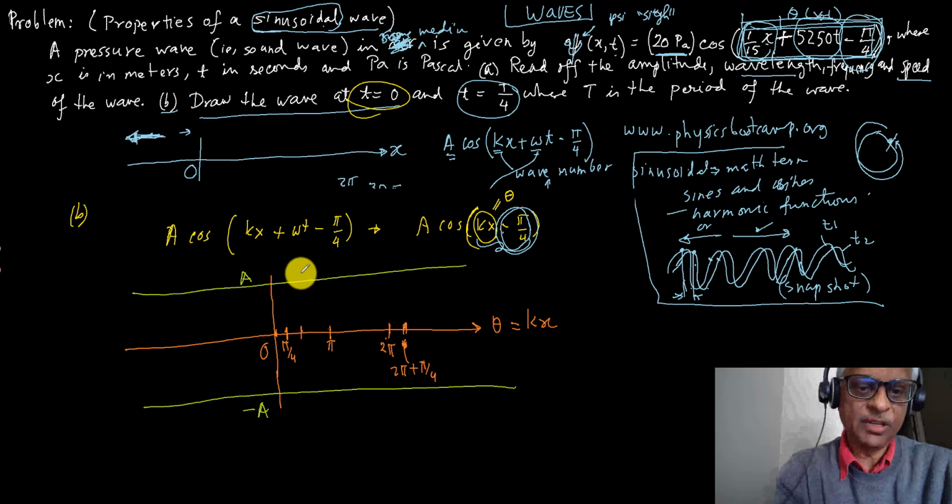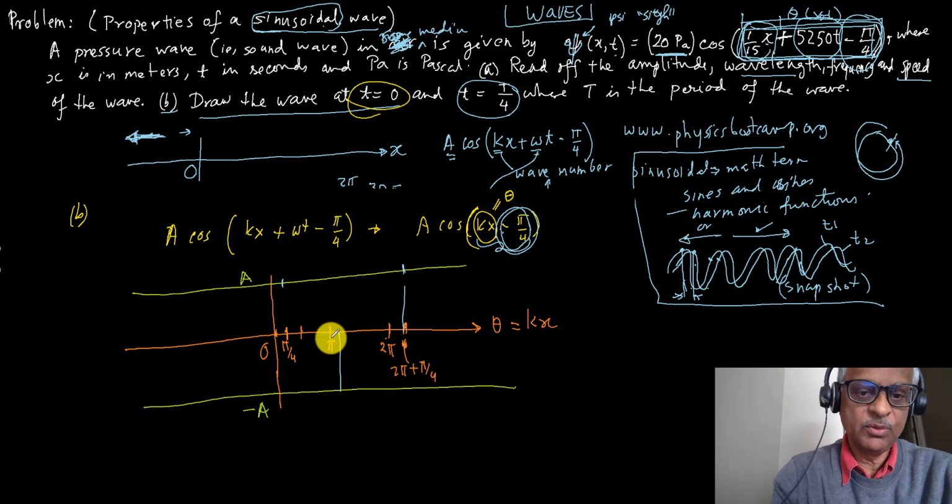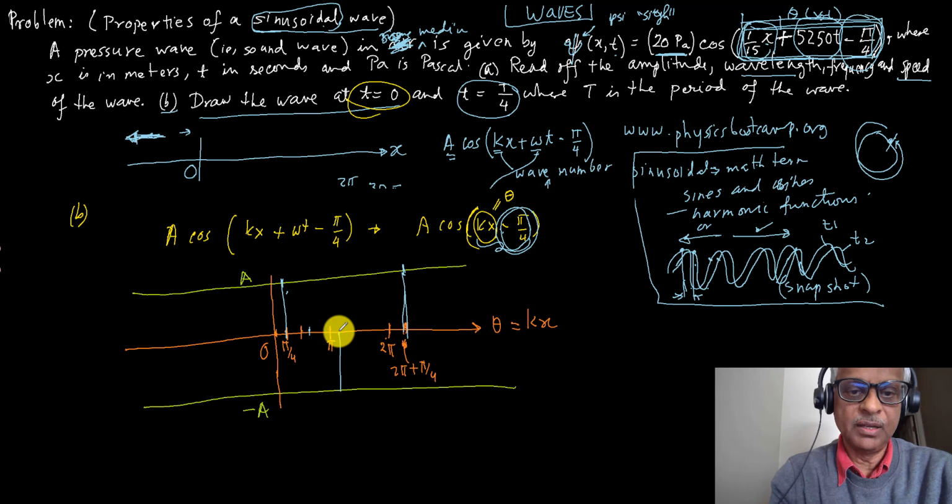Okay, so another attempt at plotting it. This is where I expect the maximum, and then the maximum again over here. The minimum is down here. This is where the 0 will be, and the 0 will be down here. If this distance is pi, I get minus pi here, and this is minus pi over 2.